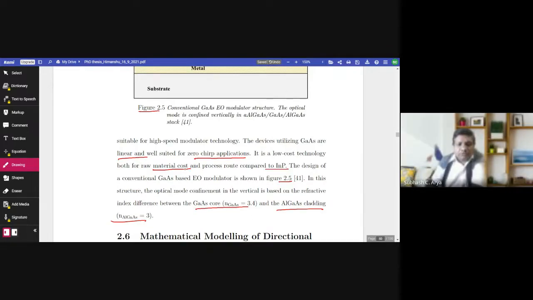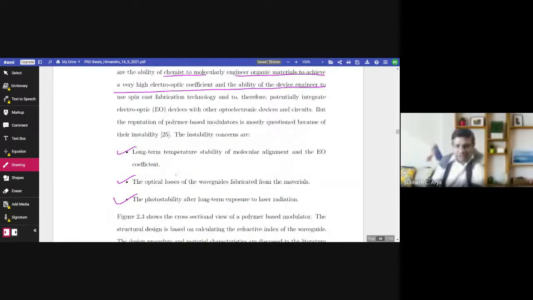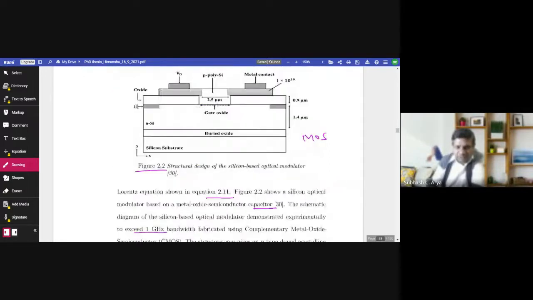So here we come to know different types of optical modulators. Only the working principle, advantages and disadvantages have been shown. What is the purpose of giving this here?